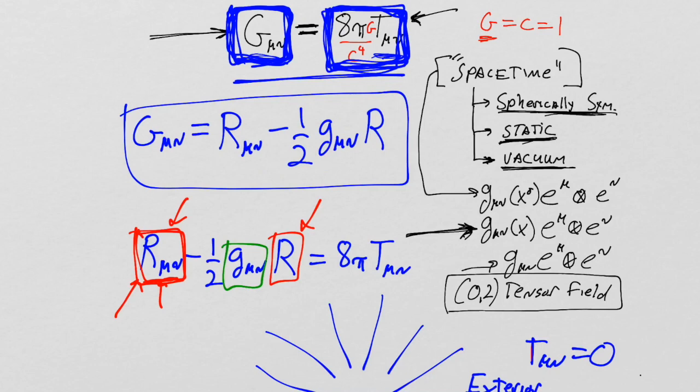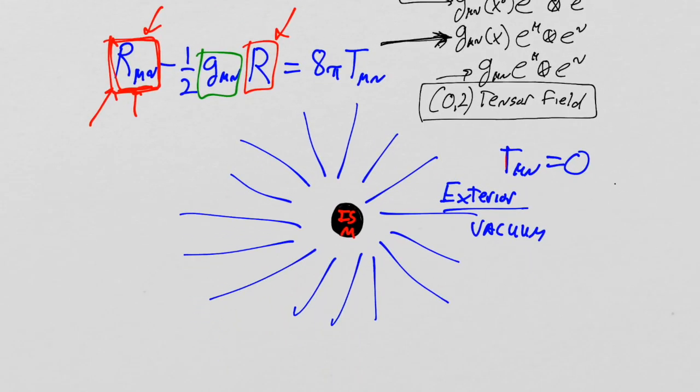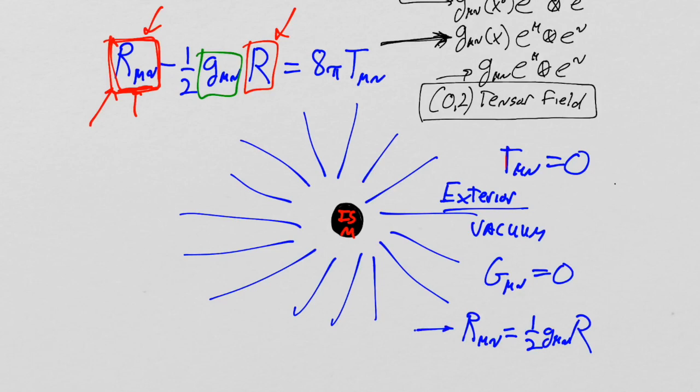And if we want it to be spherically symmetric, we have an interesting metric, a metric that's not Minkowski space. So the exterior solution, despite the fact that it is represented by G mu nu equals 0, it's also R mu nu equals 1/2 G mu nu R, and that still gives you a unique metric.